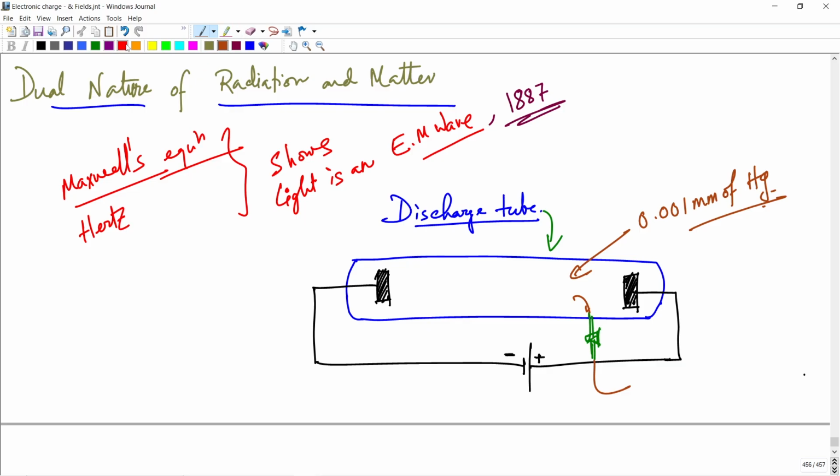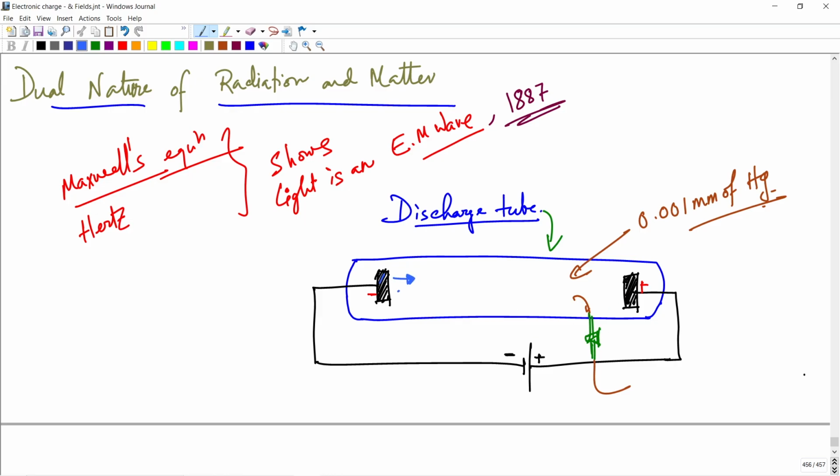Suppose negative connects to this plate and positive connects here, so an electric field is generated. We see that some particles are released from this plate and move towards the positive plate.